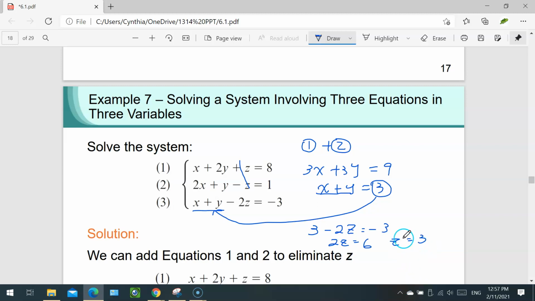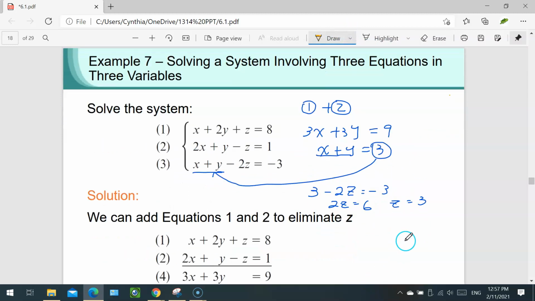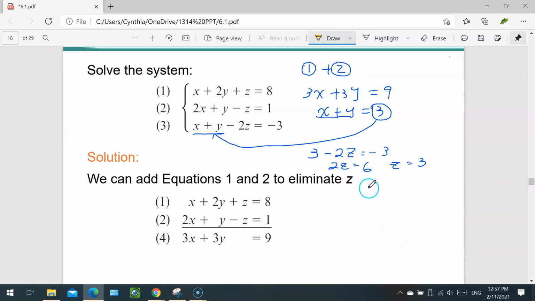Now we have solved for z. I can substitute z back into the first equation. So when I substitute the 3 back into the first equation, I will have x plus 2y plus 3 equal 8.